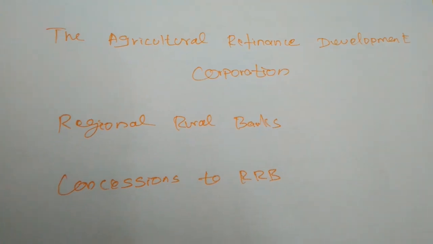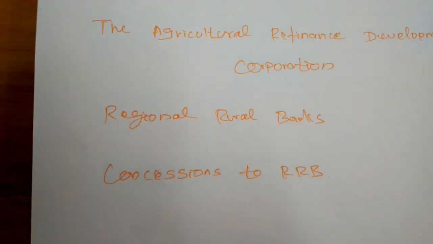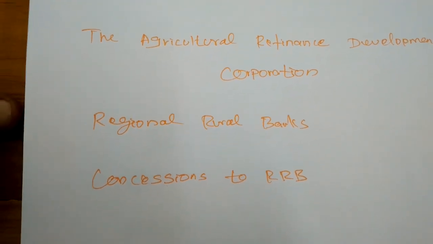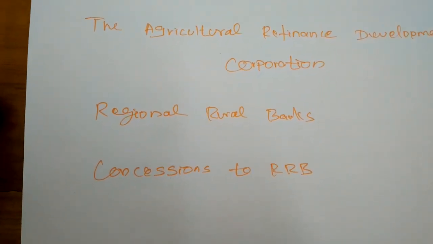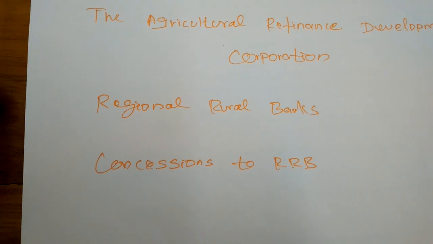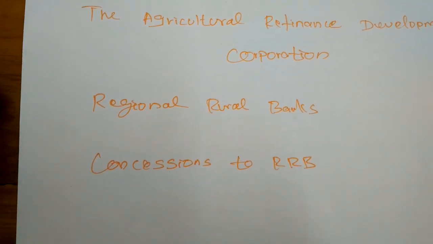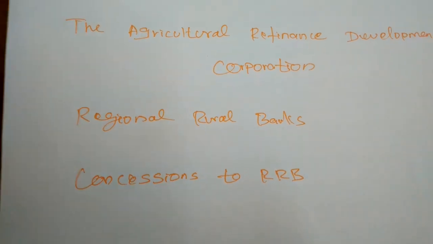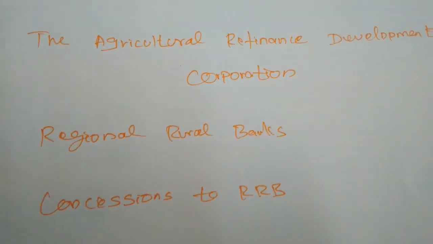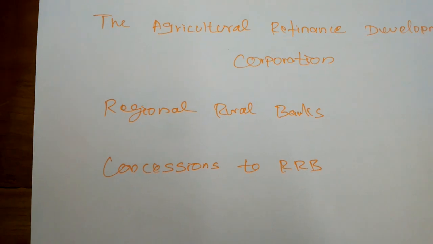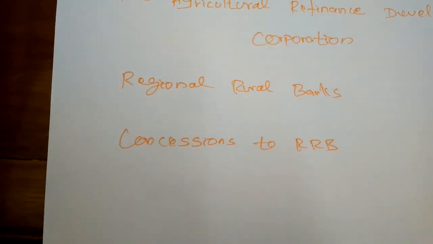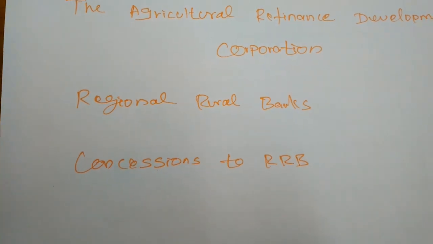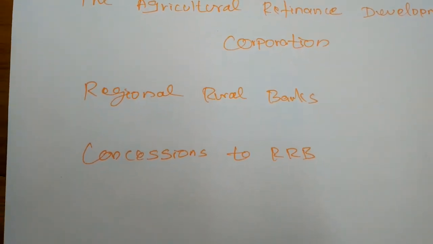Next, the Agricultural Refinance Development Corporations, simply called ARDC. The farmers in India require mainly medium-term and long-term loans, but face a lot of difficulties in getting them. Many people in rural areas are dependent mostly on agriculture, so they need long-term and medium-term loans.